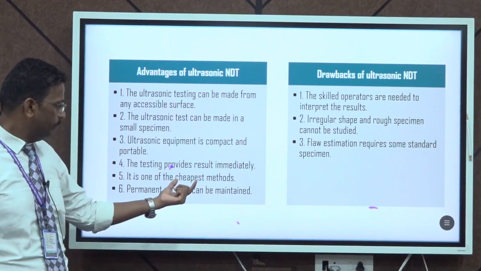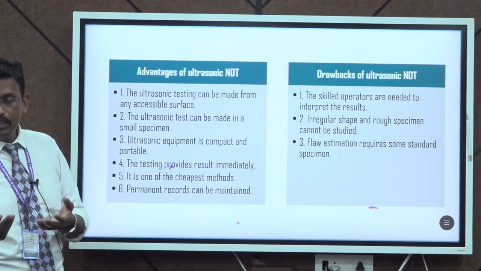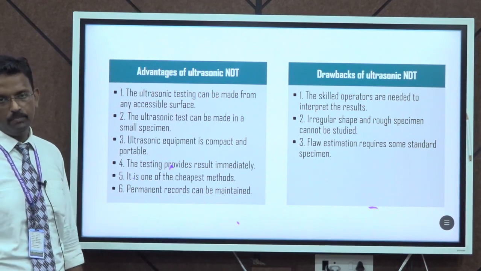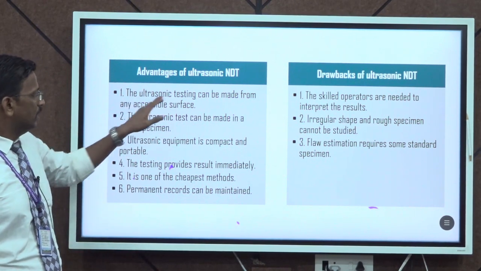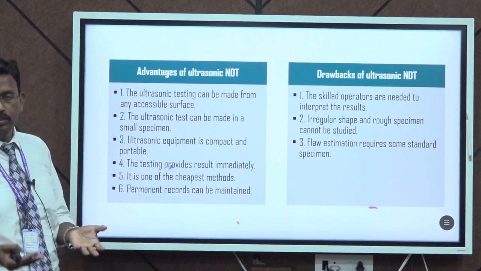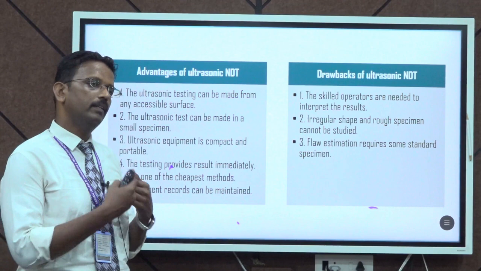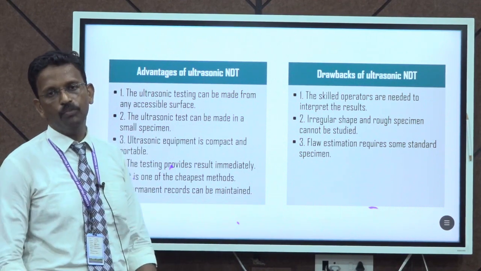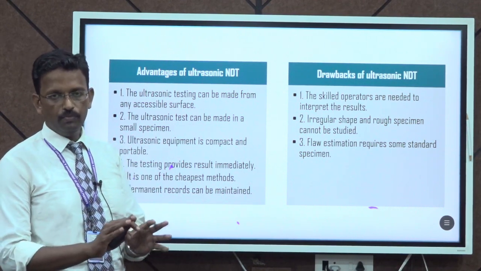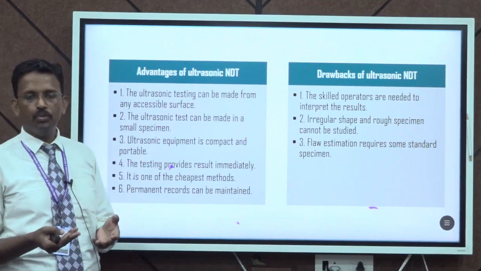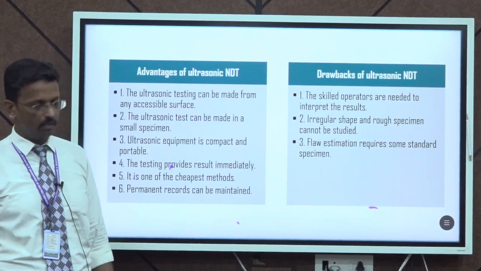So, it is cheapest, and the results can be immediately recorded from the NDT specimen, right. So, the first thing, we can use this kind of method for all kinds of specimens, as there are no restrictions for using these kinds of waves. So, we can apply this ultrasonic wave to any kind of surface, right.